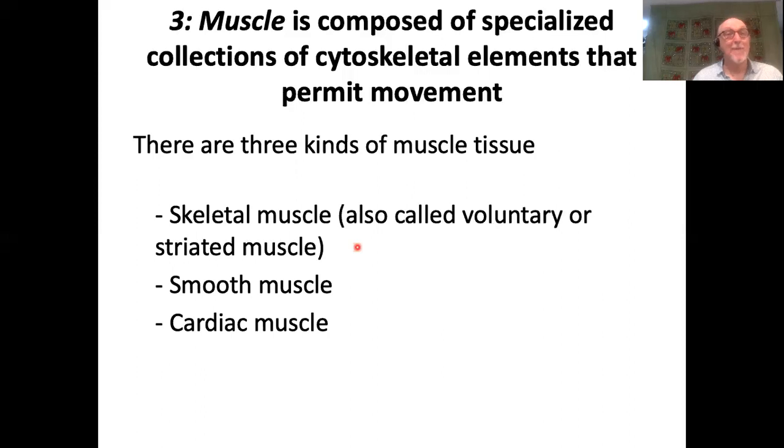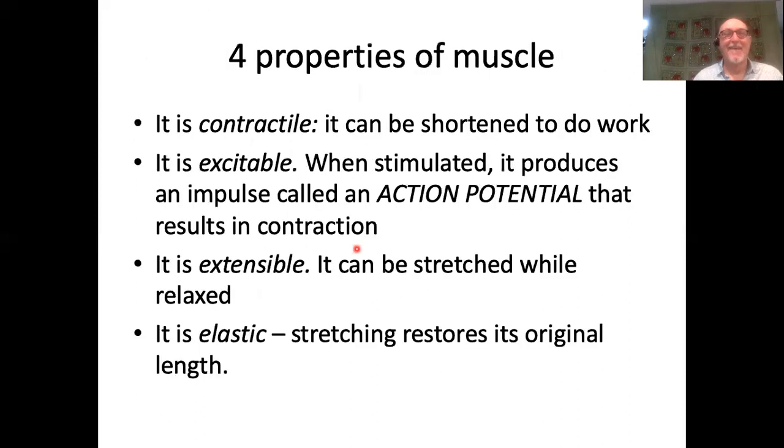Okay, welcome back. Here, the muscle has some very distinct properties, all muscle, that make it what it is. This is how muscle works. First of all, muscle is contractile. That is, it can be shortened in order to do work.